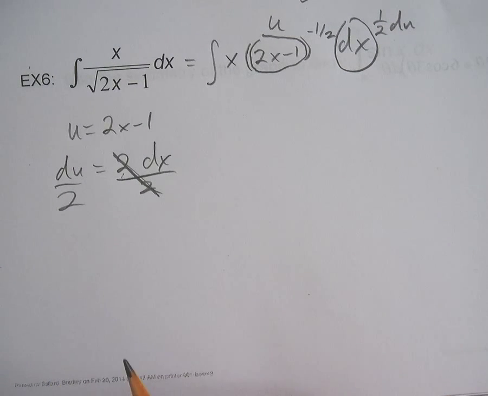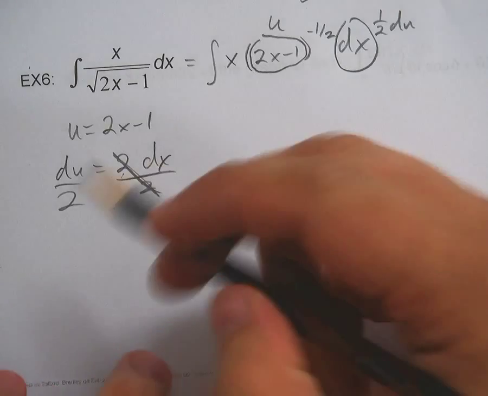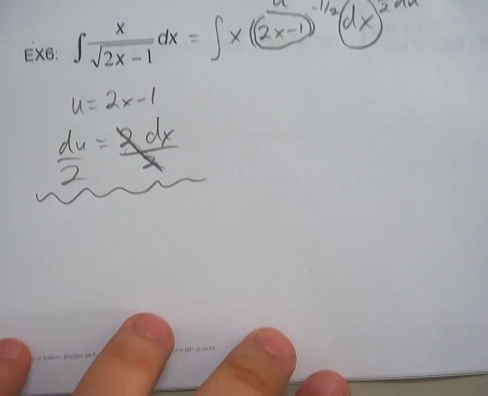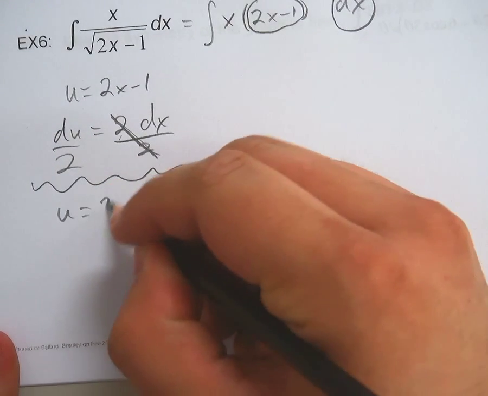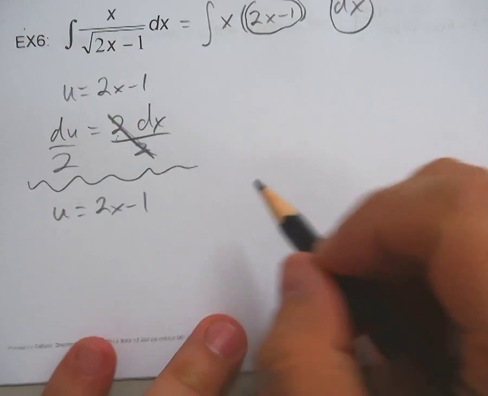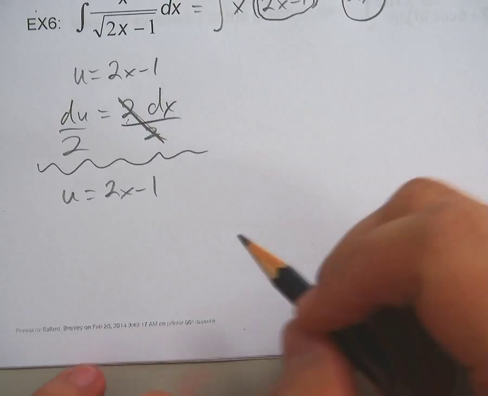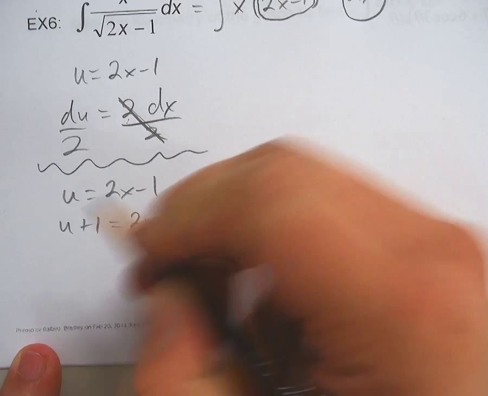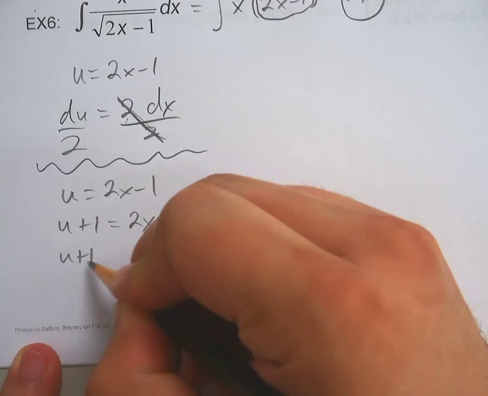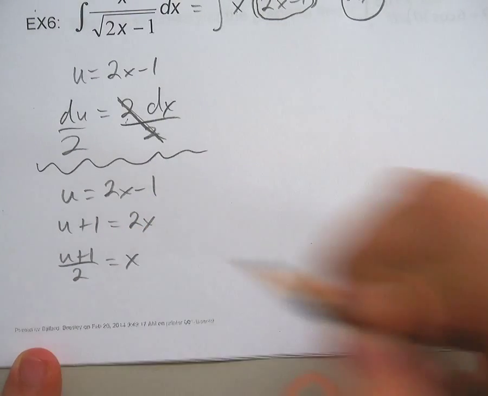The only thing that's missing is x, and I can't leave it like that. So what I'm going to do is solve for x. I'm going to take u equals 2x minus 1, and solve for x. So u plus 1 is 2x, u plus 1 over 2 is x.